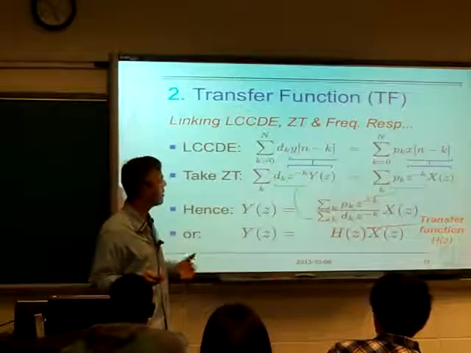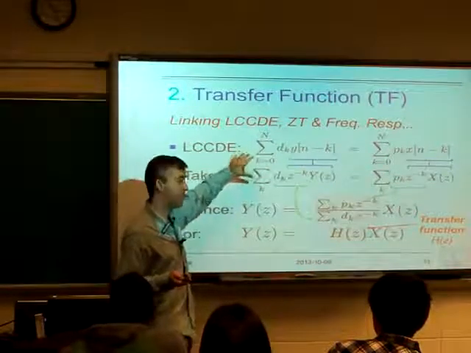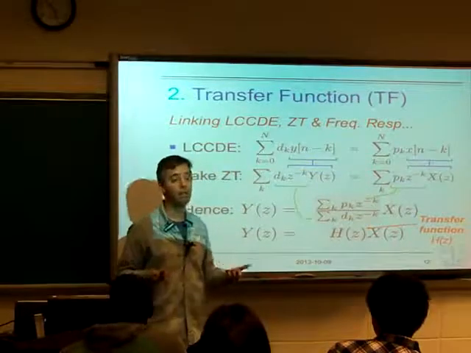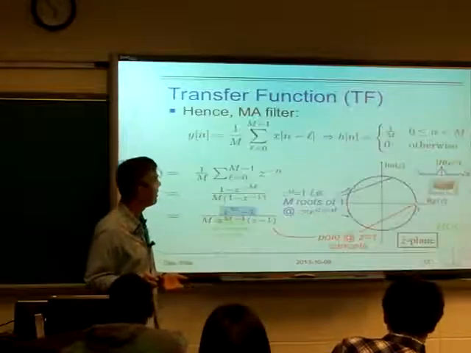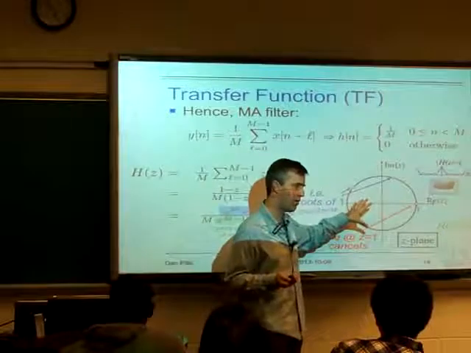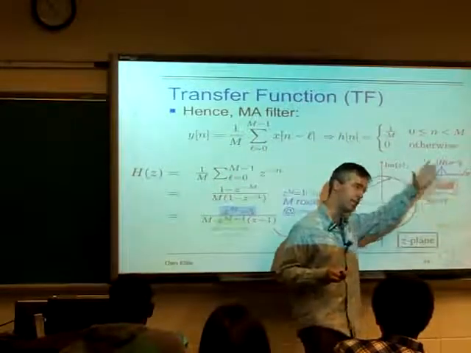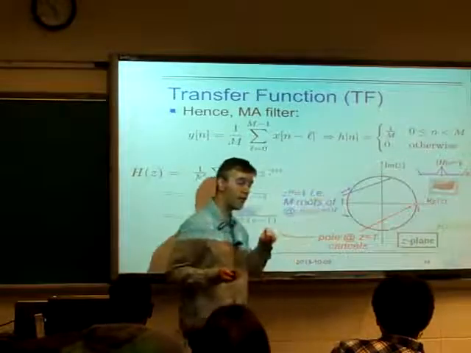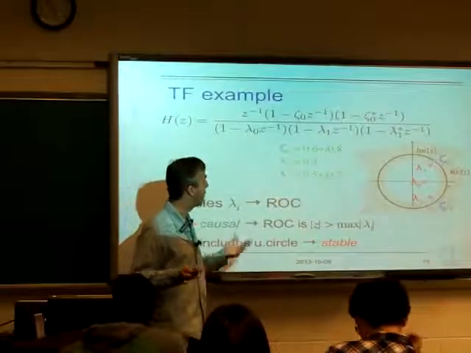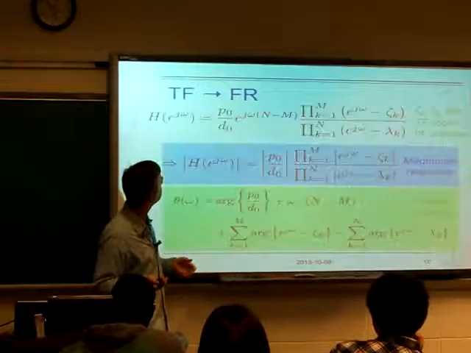So that gives us, directly from the difference equation, this polynomial, which we can then evaluate on the unit circle, which gives us the frequency response, right? The polynomial is a nice way to think about it because it gives us these roots, the poles and zeros. The poles and zeros go directly to an intuitive understanding of where the peaks and valleys are going to be in the frequency response, which is the unit circle in the Z-plane. And so then we can understand what's going on in a system.